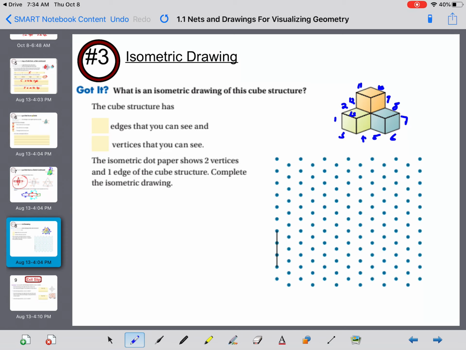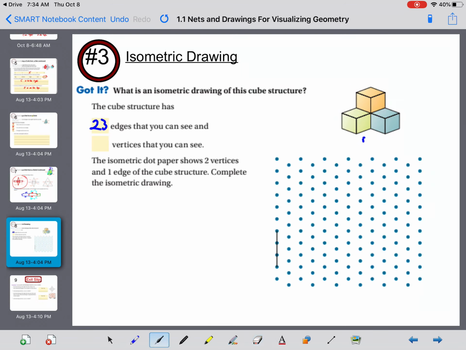Well, actually, we can keep going. 12, 13, 14, 15, 16, 17, 18, 20, 21, 22, 23.